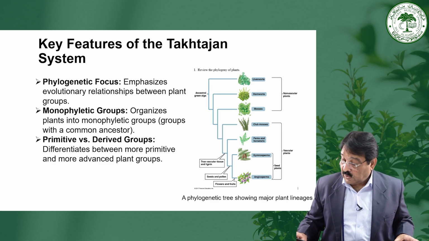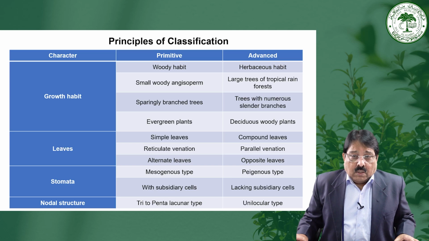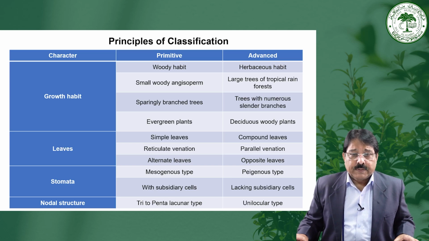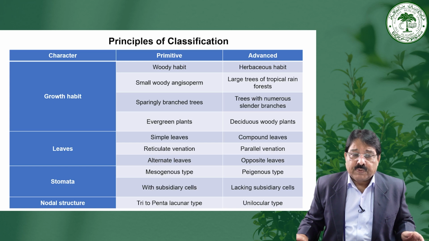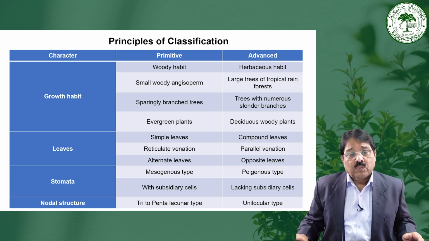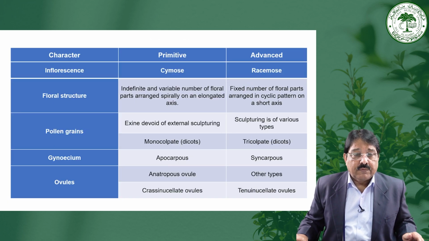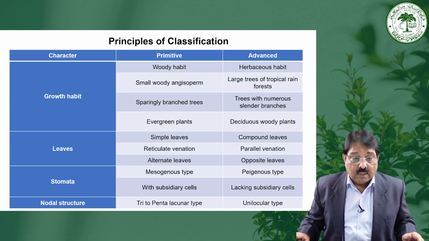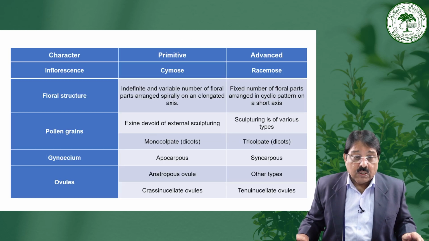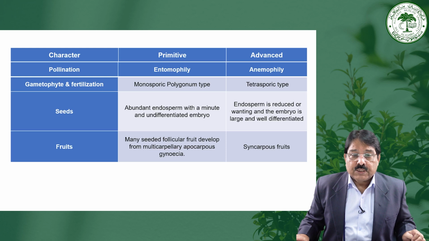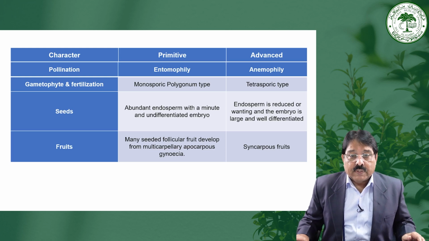So, the principle of classification: the characters he considered were the growth habit, then the leaf characters, then the stomata character, then the nodal structure, then the inflorescence, floral characters, pollen grains, gynoecium, ovaries, and pollination, how the plants were pollinated; that was also considered one of the characters.